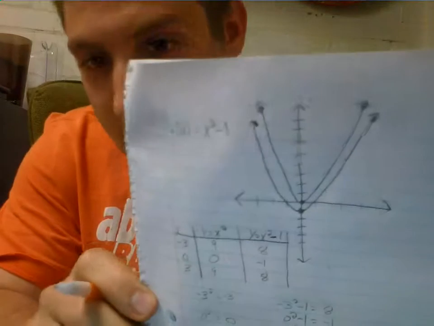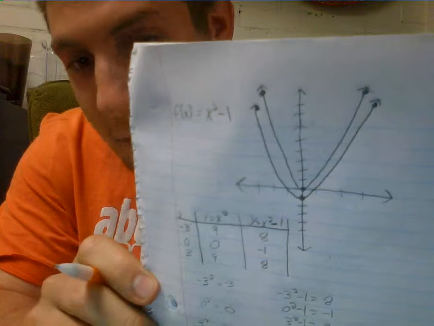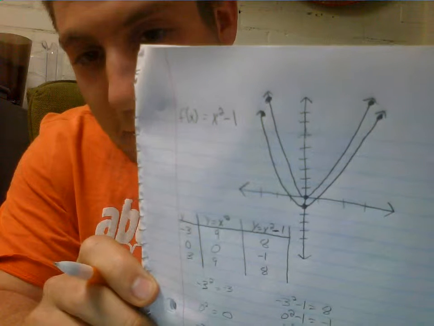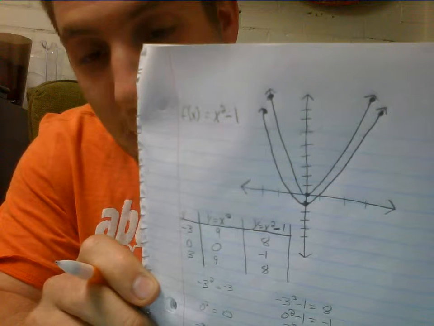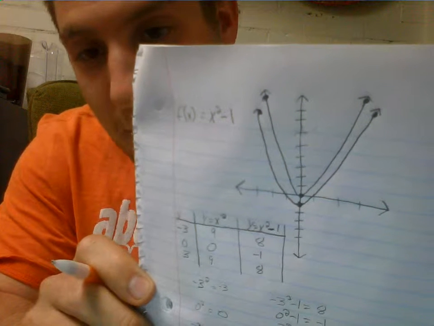And as you can see, there are 2 graphs, and the negative 1 constant shifts the graph down by 1 point. All the points down by 1.